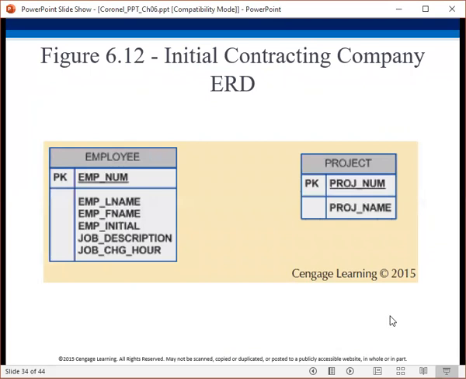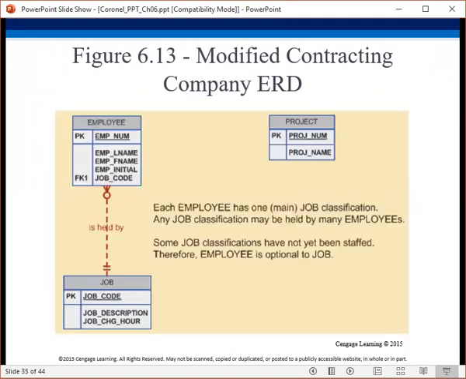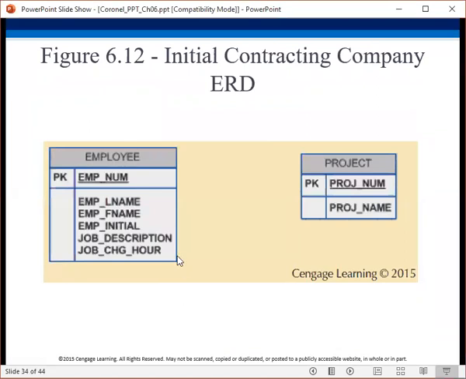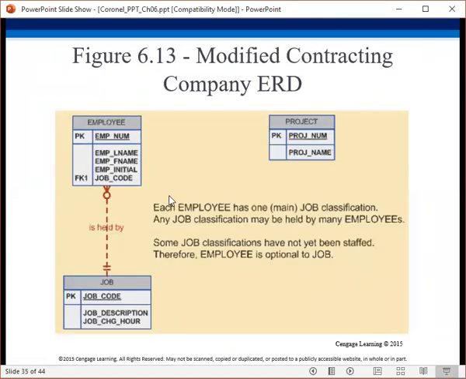So here we have, perhaps an initial entity relationship diagram, employee and project. And then we're going to take jobs and have a job code added for our employees, because right now we've got job description and job charge hours, but obviously that is a transitive dependency, so we want to get rid of that in our employee table.